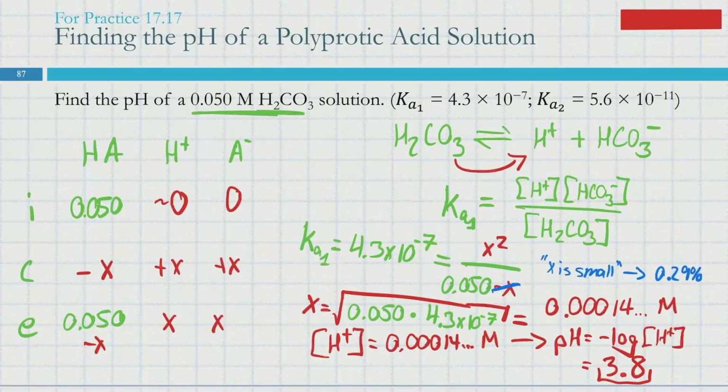It's really small. So in pretty much all of our polyprotic acids, especially if we've got a big difference between our Ka values, we're not going to get a significant contribution from our Ka2. So if we drew out an ICE table for our Ka2, we would be starting with some H+, and that's going to restrict the amount of H+ that we continue to produce from the second Ka value.